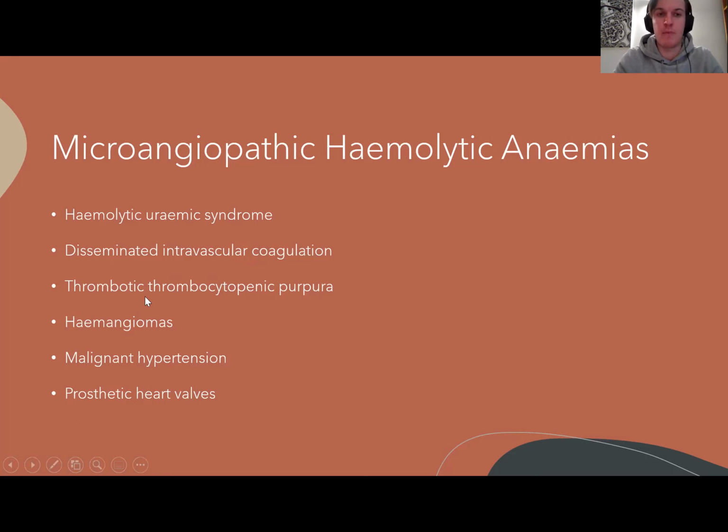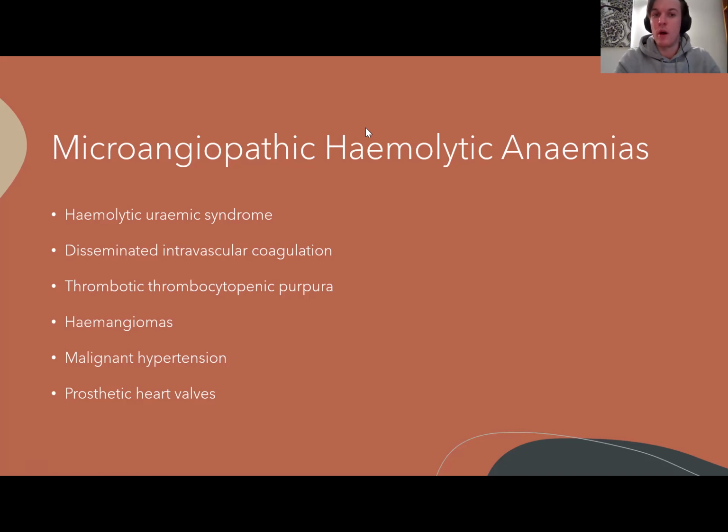It starts laying down fibrin, but that introduces shear stress to the inside of the vessel. And as your red blood cells run through, they get torn apart by the shear stress, which leads to hemolysis. So you get hemolytic anemia. You also get coagulopathy because as you're laying down fibrin, you're using up platelets and you're using up clotting factors in order to try and repair this damage.